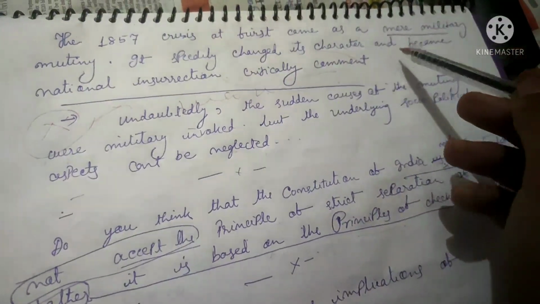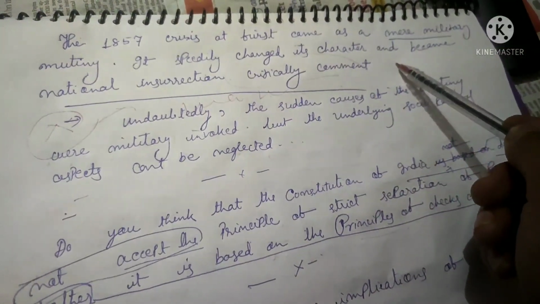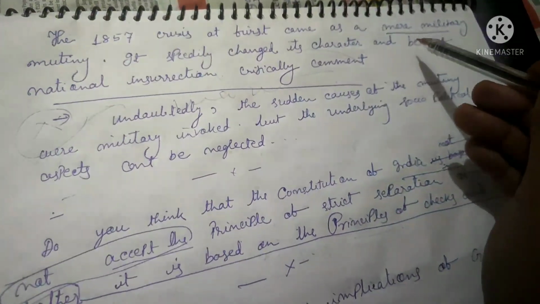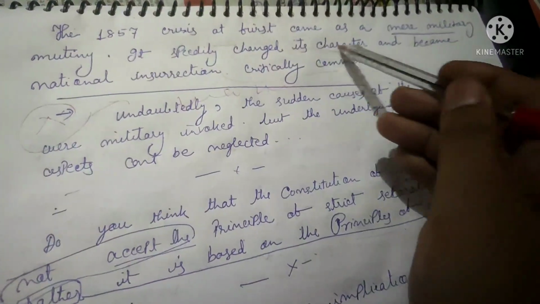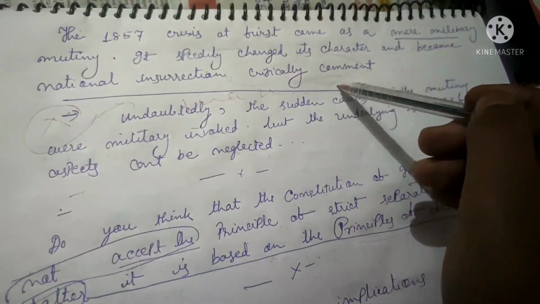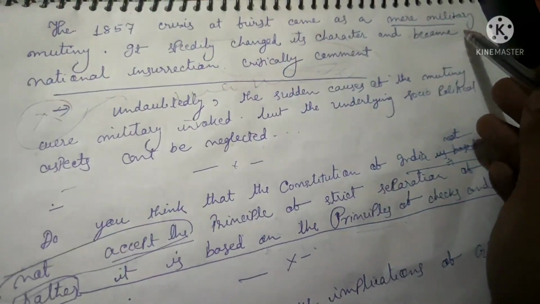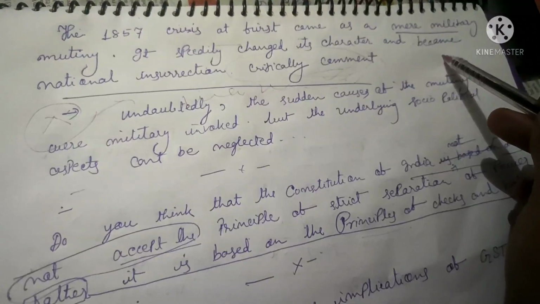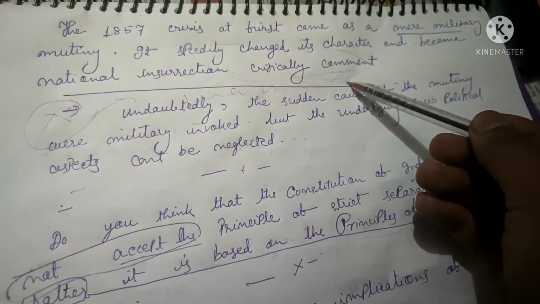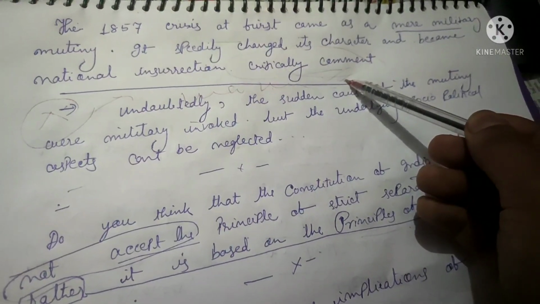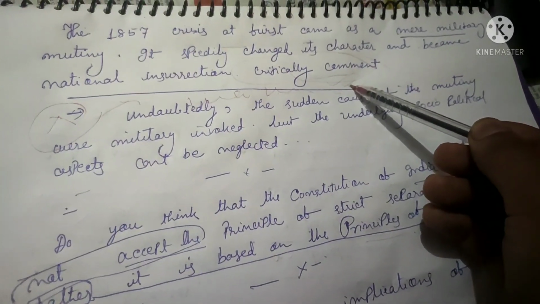For example, in this question, the phrasing "mere military mutiny" and the directive "critically comment" point out the underlying requirement of constructive criticism. Why?